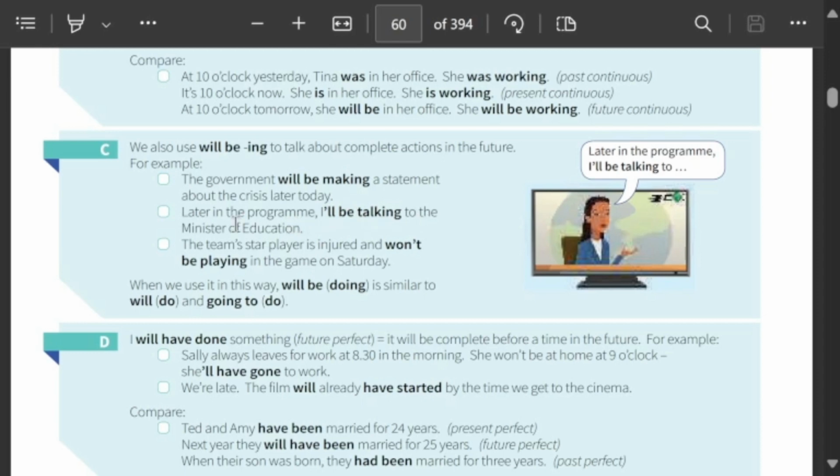Or I'm going to talk to the Minister of Education. You see, it's the same, okay? The team star player is injured and won't be playing in the game on Saturday, or he will not play in the game. For example, he won't play, he won't be playing, or he is not going to play.